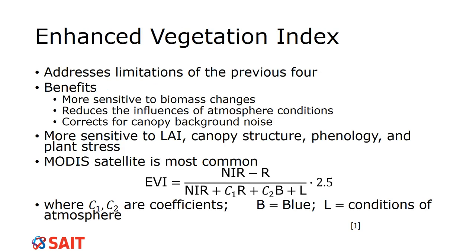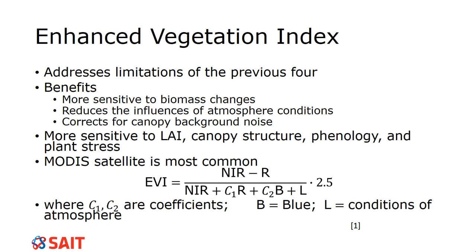Then we have an enhanced vegetation index, which is also known as the EVI. So here we have, there's some limitations with the previous 4 indices that I just finished talking about. Some of the benefits of this one is that it's more sensitive to changes of the biomass. So before, it kind of looks at generalized data, now I'm really looking at, okay, maybe the type of tree might have an impact.